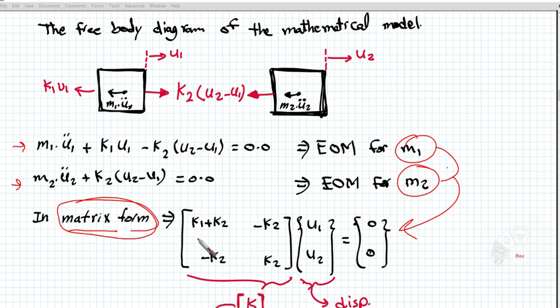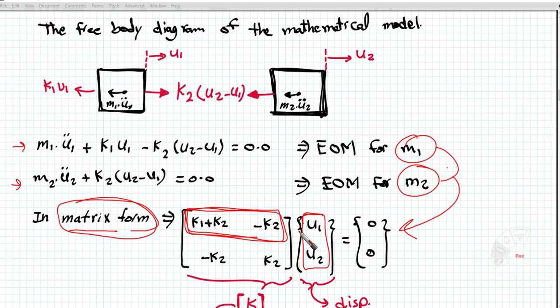So in a matrix form, we need to put equations. The first equation, the first row in this stiffness matrix, times U1 and U2, which is the vector here, right? It is going to give us the equation of motion.